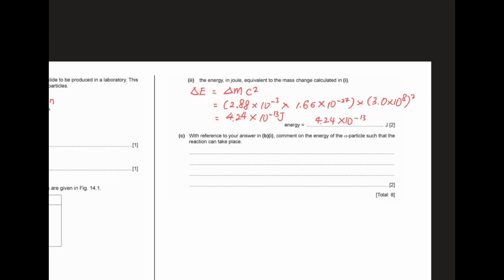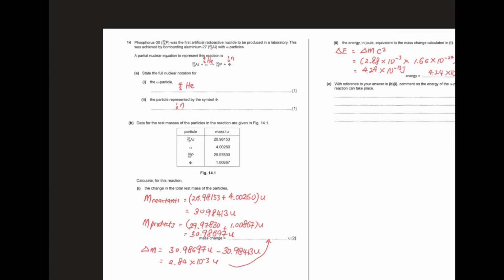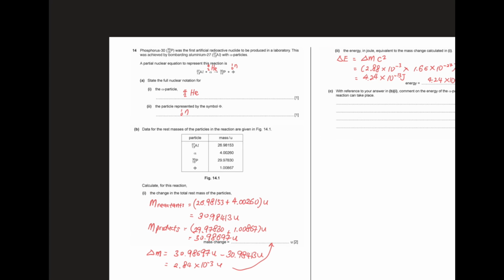And now let's move on with part C. With reference to your answer in B1, comment on the energy of the alpha particle such that the reaction can take place. First of all, when we look at these questions, we have to know that there is an increase of mass in the system, as you can see here, from this value to this value.